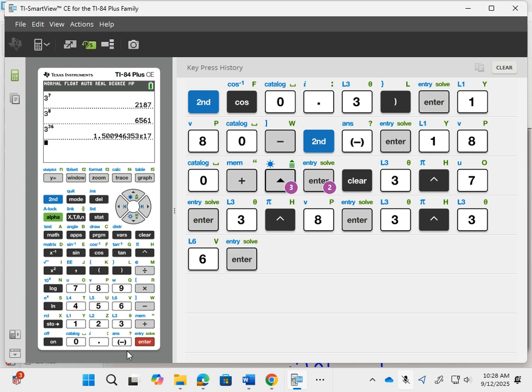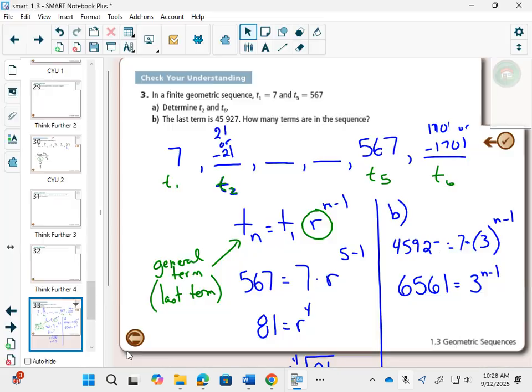So, does it make sense that you're guessing, but you're not just randomly guessing here? We are using some sort of logic. And we figured out that 3 to the 8 was 6,561. So now I can replace the 6,561 with 3 to the 8.